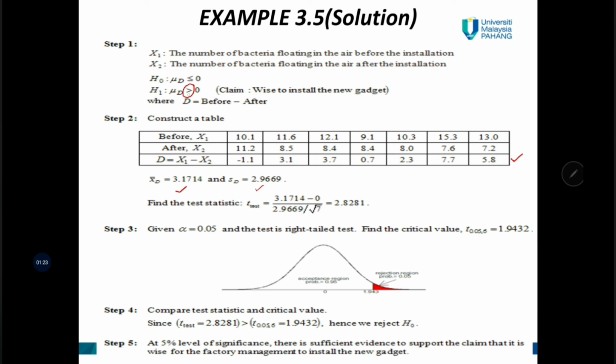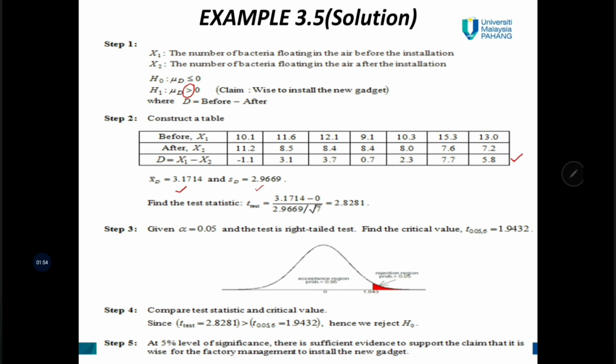Greater than means the rejection region lies on the right tail of the distribution, so this is a right-tailed test, and there is no need to divide alpha by 2.